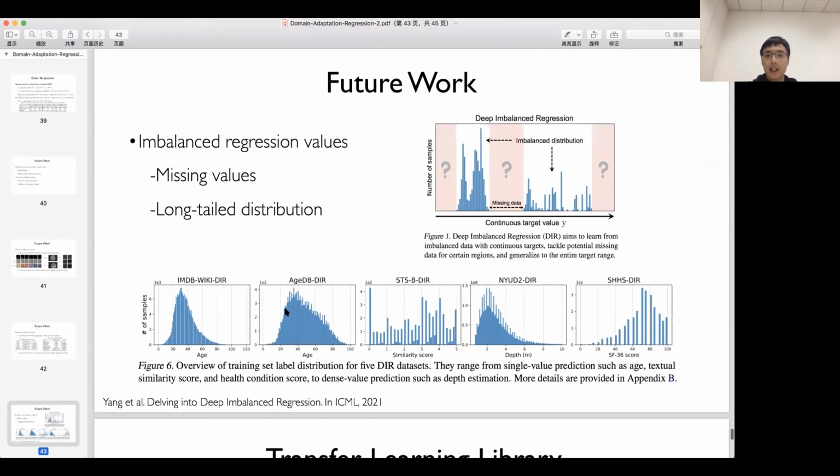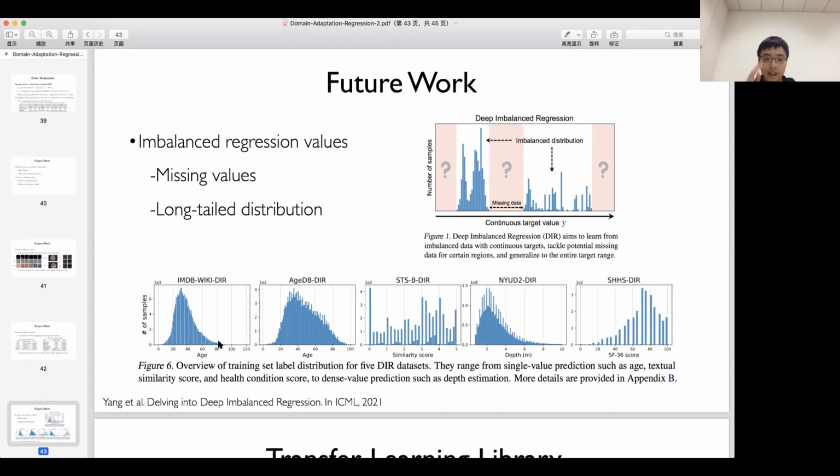So this is a very difficult problem. And there are also other difficult problems. It is just like the long-tail distribution in classification. It means that we cannot always get samples with equal numbers at different values. For example, in this figure, we can find that there are more samples from 20 to 40, but at other regression values we have fewer samples.